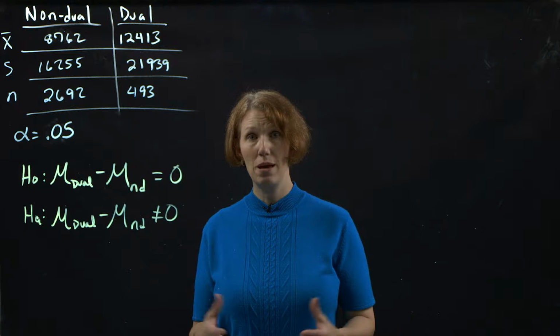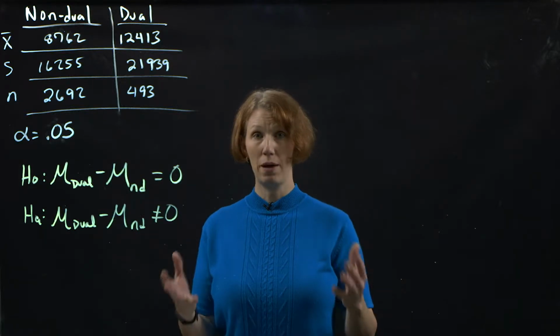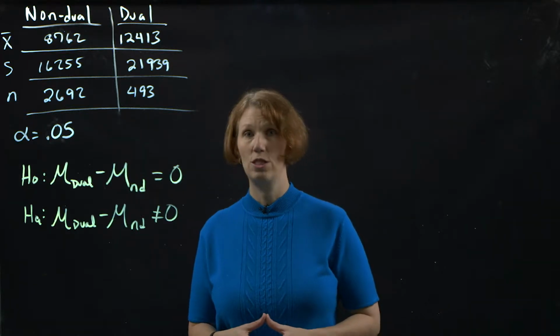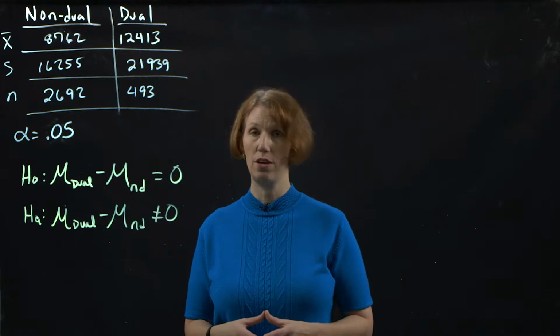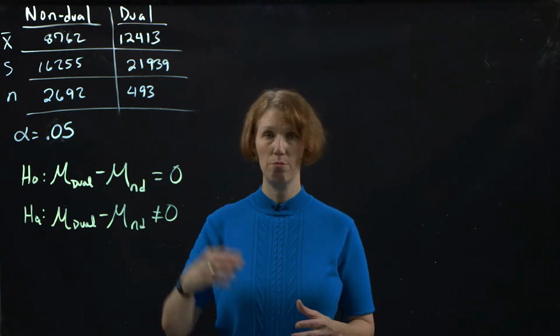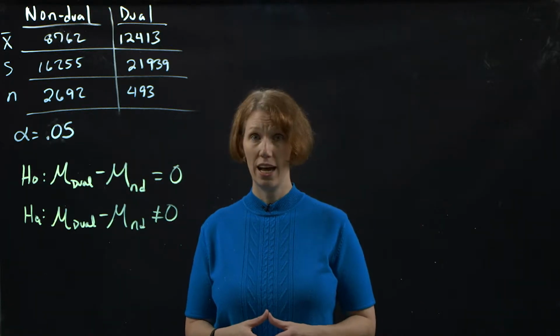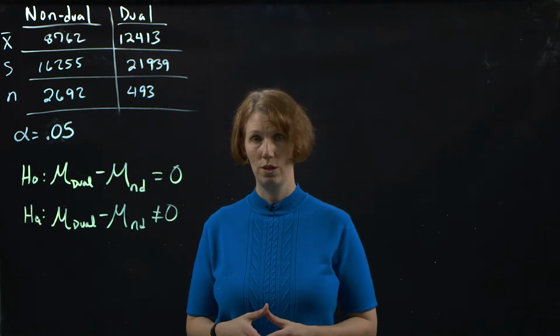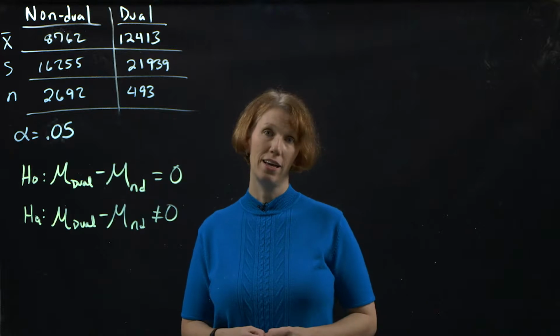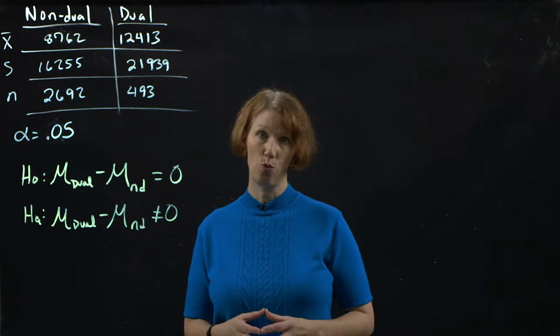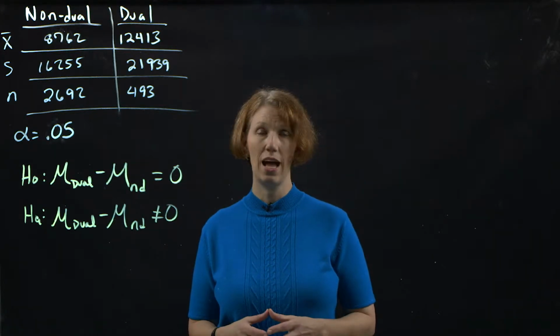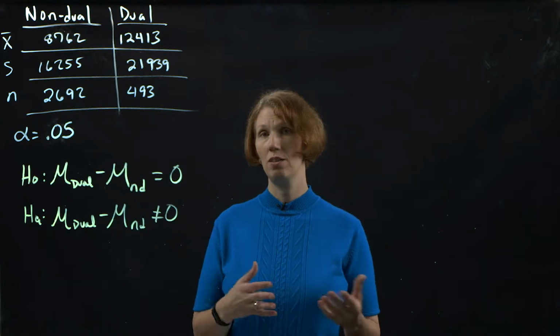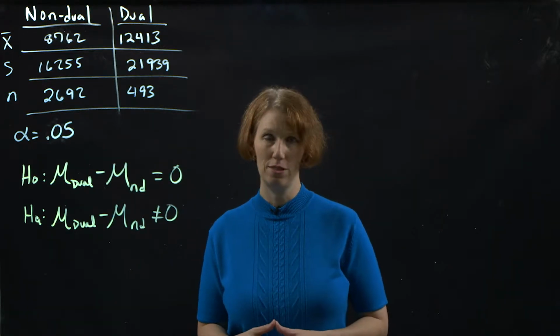But before we can make that conclusion about the population, we need to first think about the amount of sampling variability. You can see from these descriptives that there's high variation, high dispersion in spending in both groups. So we want to take a step back and formally evaluate whether or not there's a difference in average spending between the dual and non-dual populations.